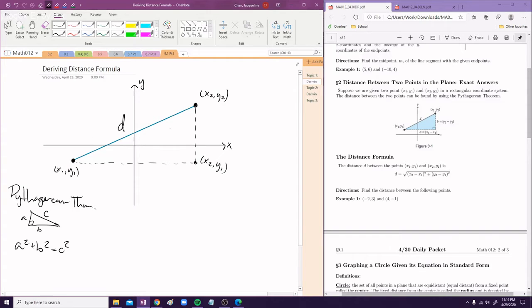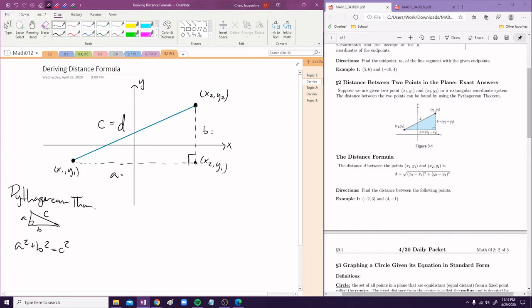So this is it. Since there was a sharp turn, this is a 90-degree angle. So this is how we can use the Pythagorean theorem. Before we do that, I know what C is. In this case, our C is our D. But what is A and what is B?